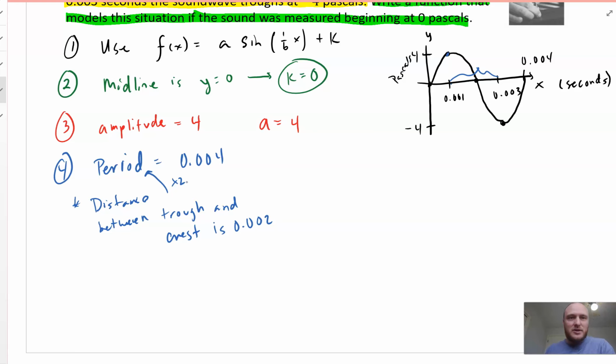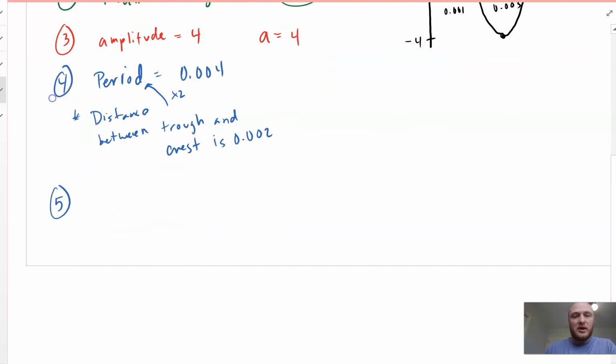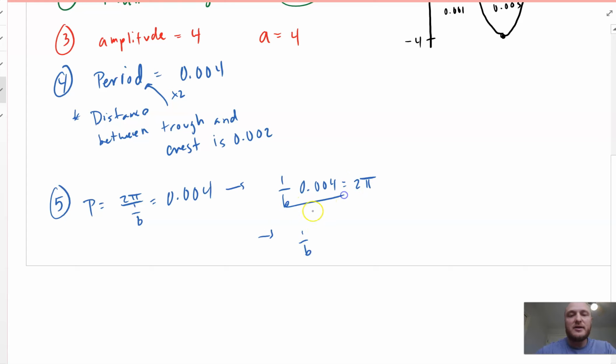Next we need our 1 over b value. What is the 1 over b value? Remember that period is equal to 2 pi over 1 over b, and in this case the period is 0.004. So we'll multiply both sides by 1 over b, and then divide both sides by 0.004.